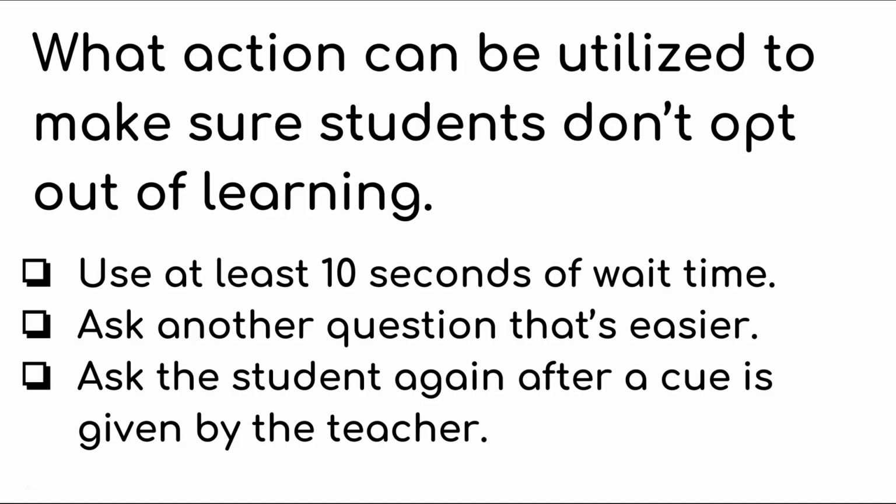Select the best answer out of the choices here. One possible action is to ask the student again after he or she has been given a cue by the teacher. Of course, we must use wait time, but it's the act of returning to the student to get the correct response that's the key to the no opt-out technique.